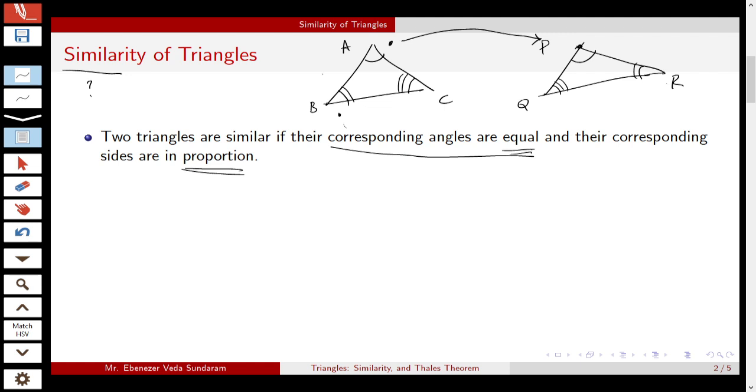Say if this is 2 centimeter units, this might be 4 centimeter units, or you can double or triple or whatnot, or this could even be a shrunk version. So their corresponding sides are going to be in proportion, right?